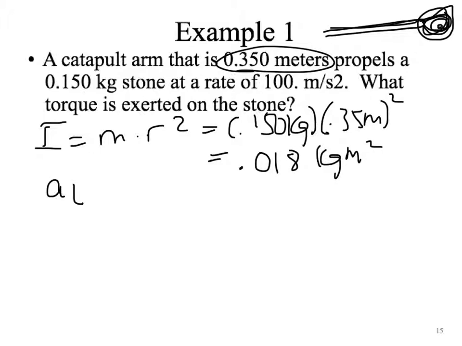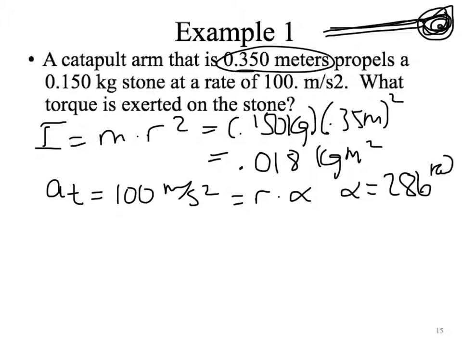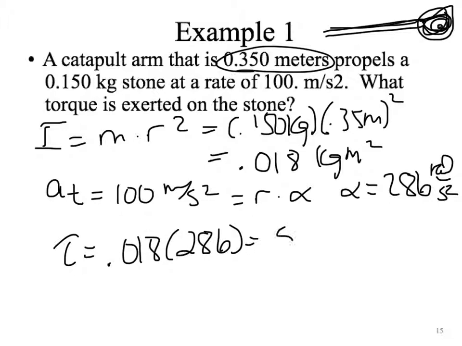The tangential acceleration is 100 meters per second squared, but of course we need alpha, so we're going to go ahead and take that 100 and divide it by 0.35, and we're going to get 286 radians per second squared. And then the torque is going to equal 0.018 times 286. We'll get 5.14 Newton meters of torque.